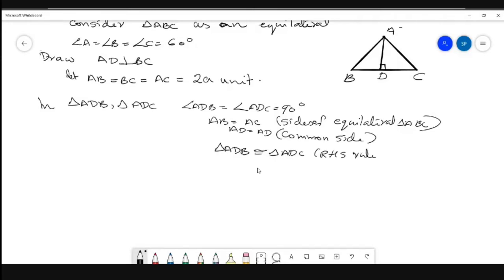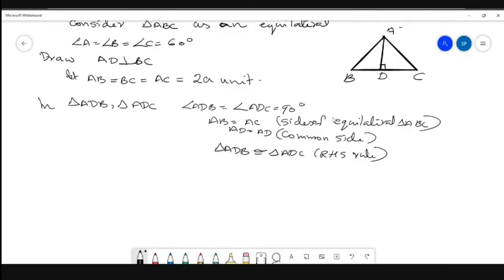RHS rule. You studied in last year, no? 9th standard, you have studied the congruence criteria. RHS, we have studied SSS congruence criteria, SAS, RHS, isn't it? Now here it is RHS. Why is it RHS? Because we are considering two right triangles here, right triangle ADB and ADC.